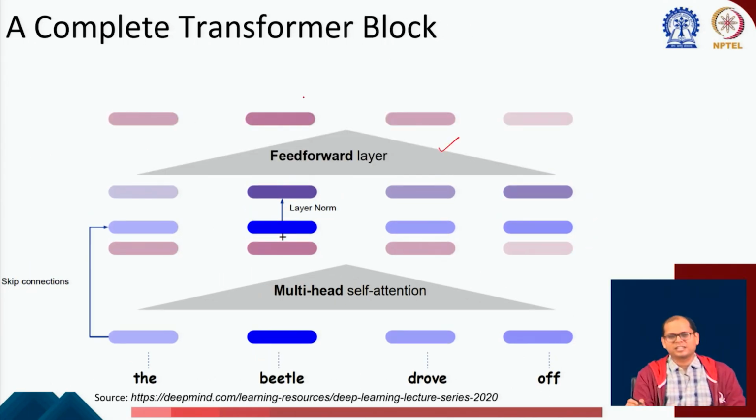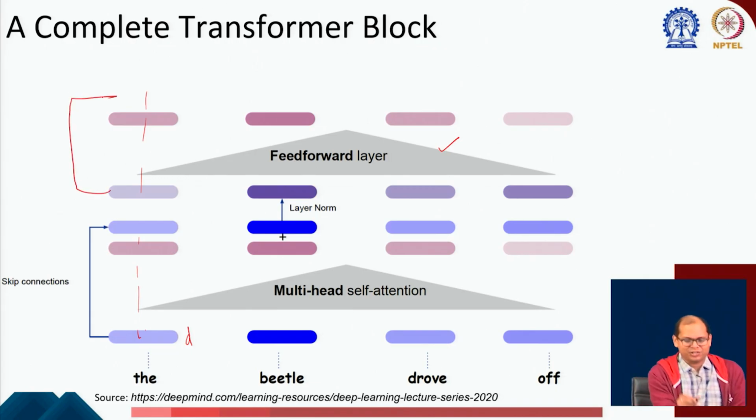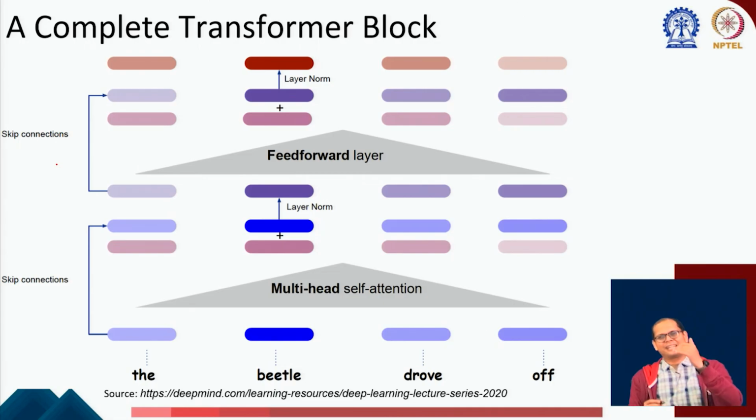You get the corresponding outputs after applying W1 and W2, going back to model dimensionality, so all of these have the same dimensionality D. Then I put this feed forward layer output back as a skip connection, add it back, and do layer normalization. This becomes the output of one transformer encoder layer, and it will be fed to the next encoder layer as the input.